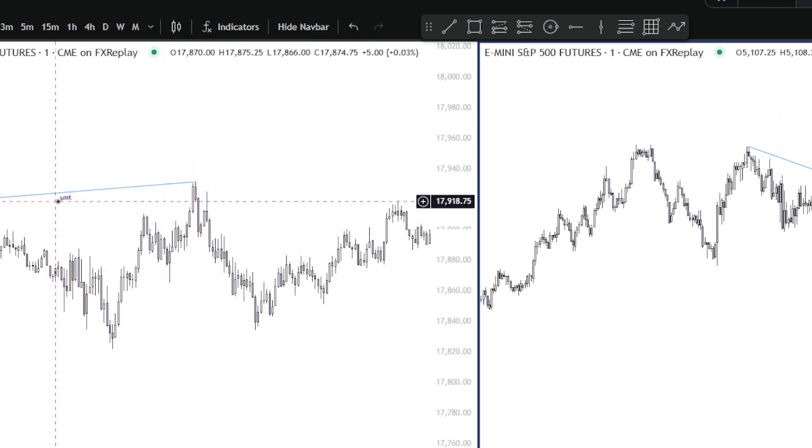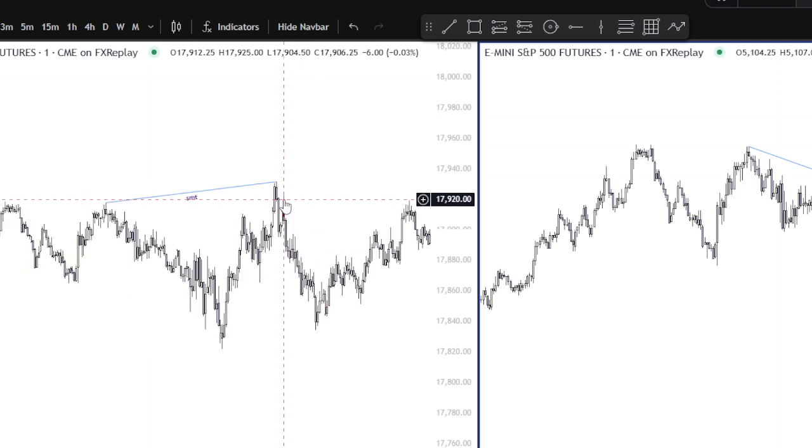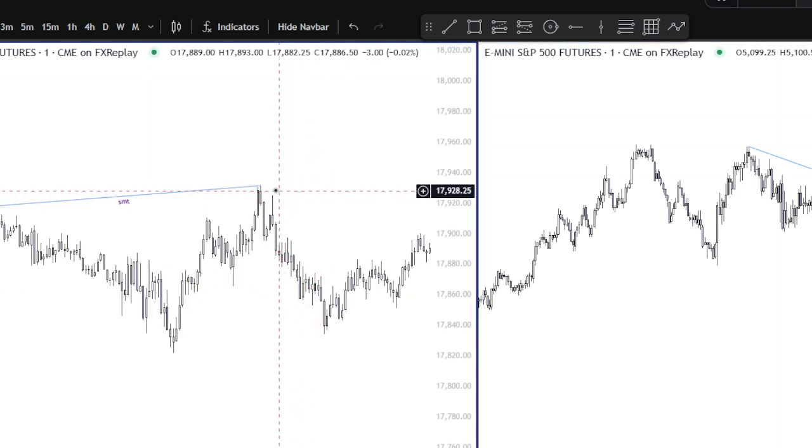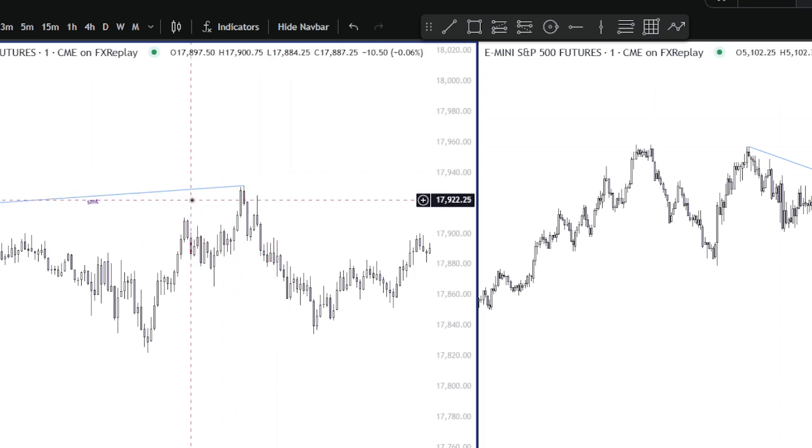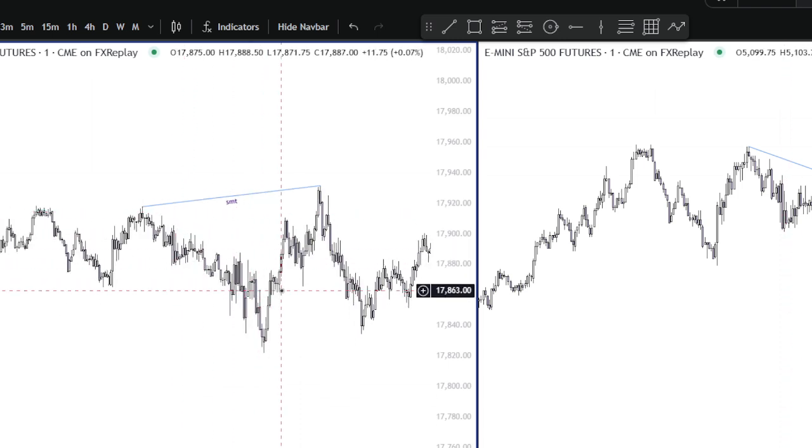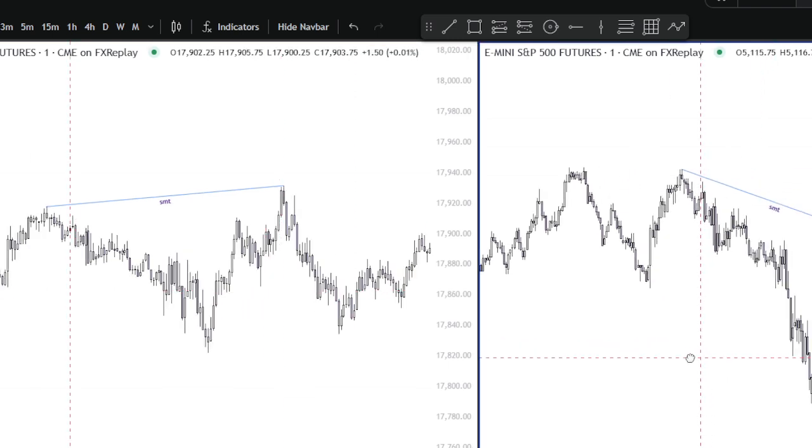For smart money techniques, or SMTs, I'm just going to call them SMTs. You never anticipate if price is going to reverse, but SMTs are basically just a stronger way to tell you price is probably going to reverse right here. So what do we see?